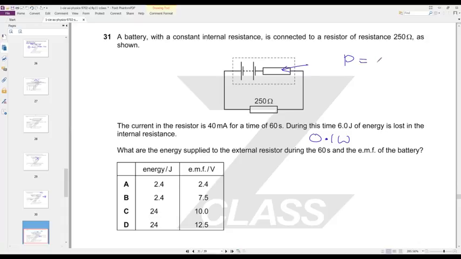So time times power equals energy, and then power equals current squared times resistance, P equals IV, etc., and anything else that you can come up with.